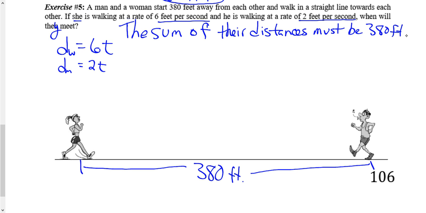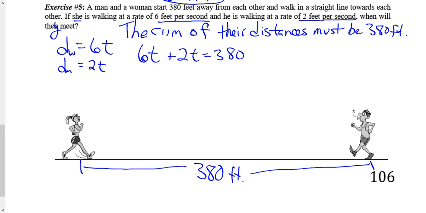So how do we write that? How do we write the sum of their distances? 6T plus 2T equals 380. You can solve that pretty easily.